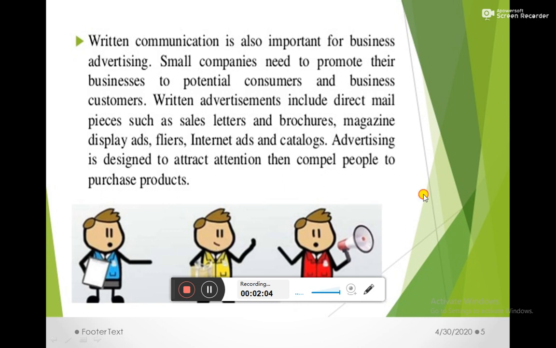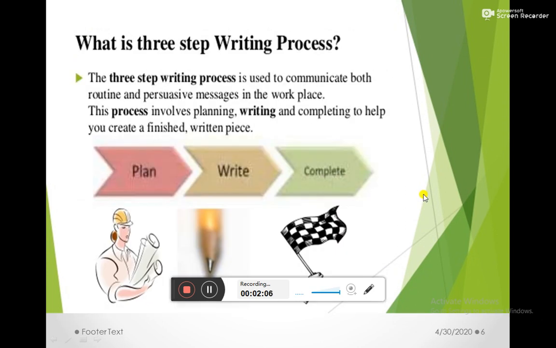In the next slide, we are going to discuss briefly what the three-step writing process is. The three-step writing process is used to communicate both a routine and a persuasive message. What is persuasive actually?